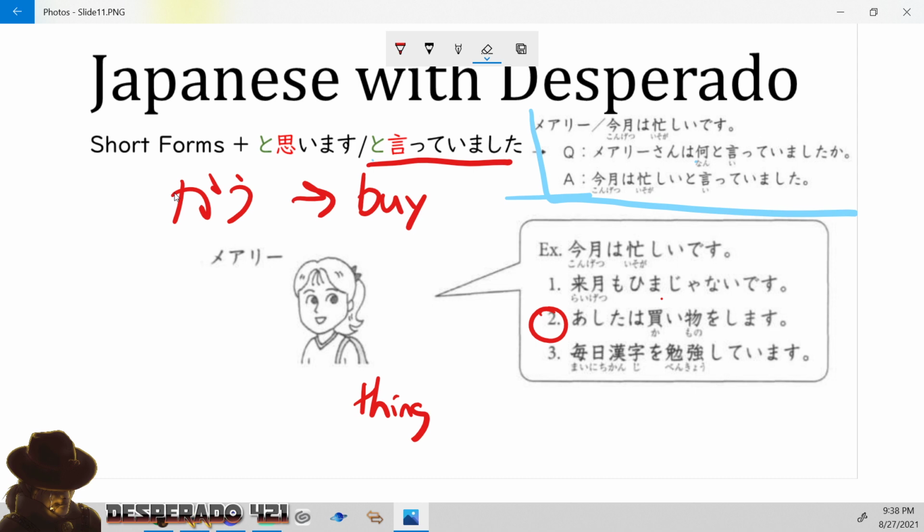Okay, so we need to replace shimasu with suru. Oh, I accidentally did the shi. That's right. So Meri-san wa ashita wa, no, I lost that now. Kai. Or kaimono. Okay, I don't know why I thought that was gai for a second.